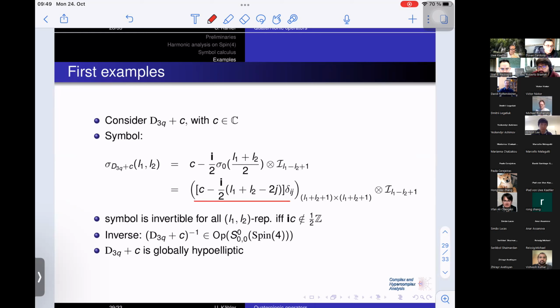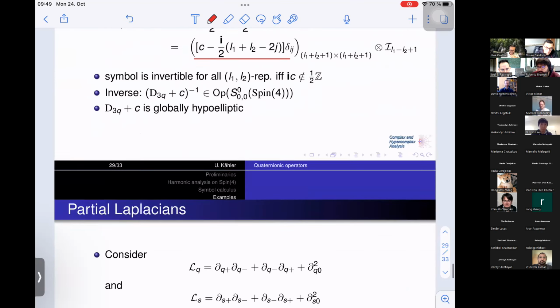That is invertible if the constant is not a half integer. These are all half integers. So if that doesn't happen, then this is never 0. It's always just a diagonal matrix. So that's not a problem. As long as that holds, you have the inverse as an operator of order 0, and it's globally hypoelliptic.